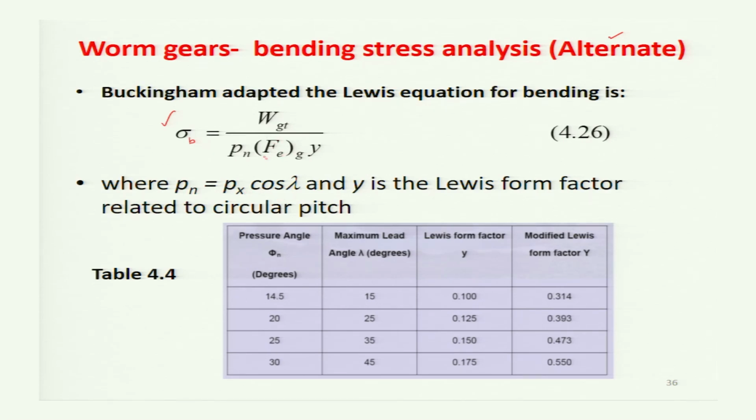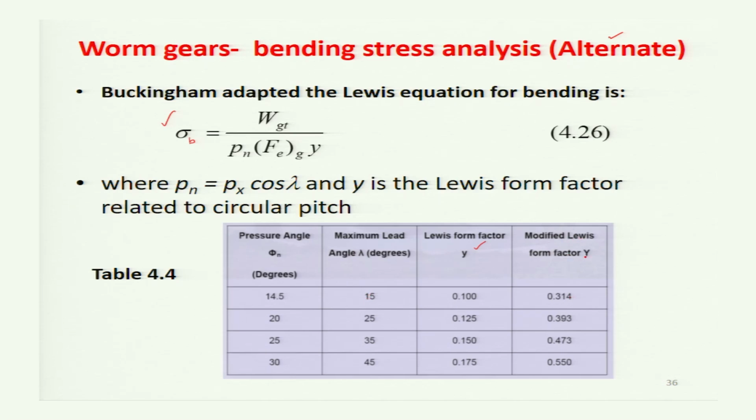Then Feg is the effective face width of the gear, and Y is the Lewis form factor related to circular pitch. And the value of Y can be obtained from this table knowing the normal pressure angle phi n and the maximum lead angle.